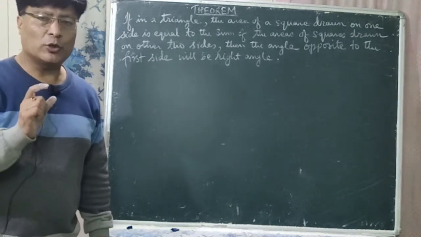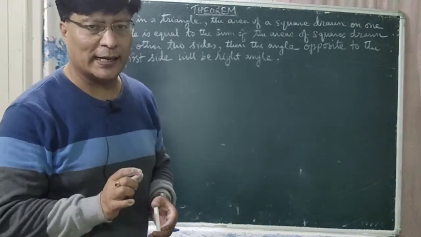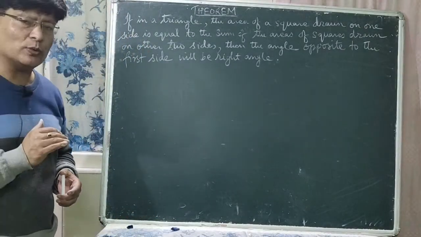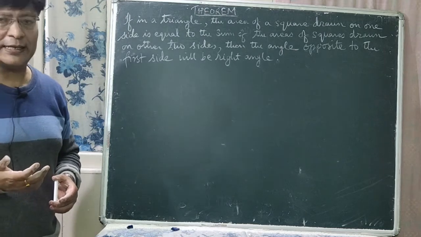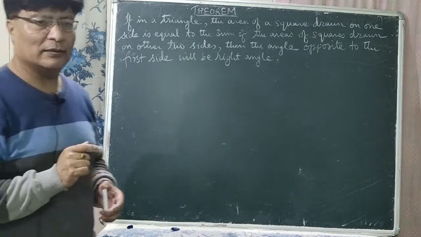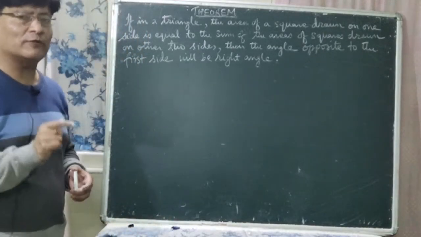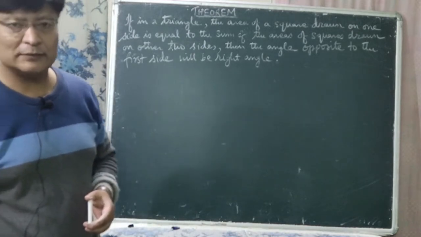So in a triangle, if the area of the square drawn on one side is equal to the sum of the areas of the squares drawn on the other two sides, then you have to prove that the angle opposite to the first side will be a right angle. Is that clear?